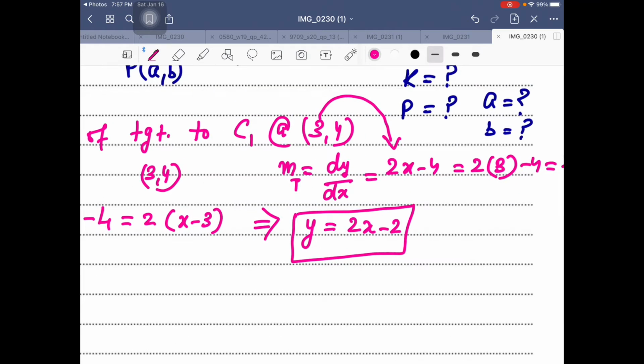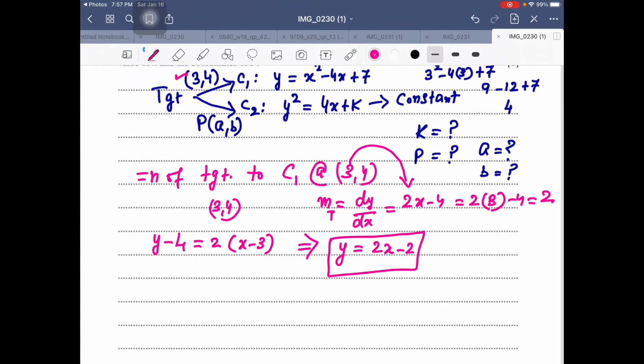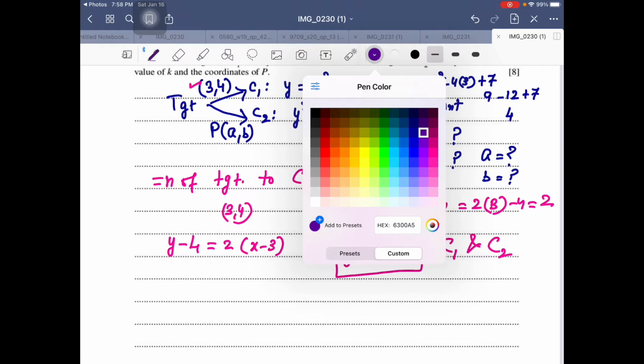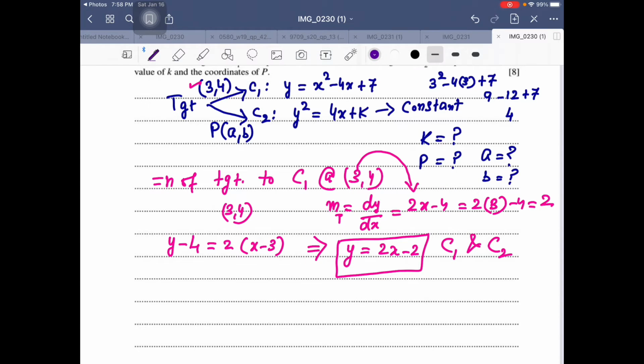Now we try to find the derivative of the second curve at point (a, b), and that will give the gradient of the tangent to curve C2. So this is the tangent to curve C1, and also to curve C2. I find the gradient of the tangent to the second curve by taking the derivative: 2y times dy/dx is equal to 4.